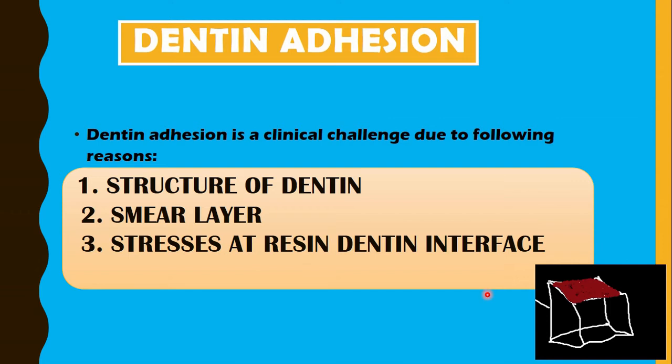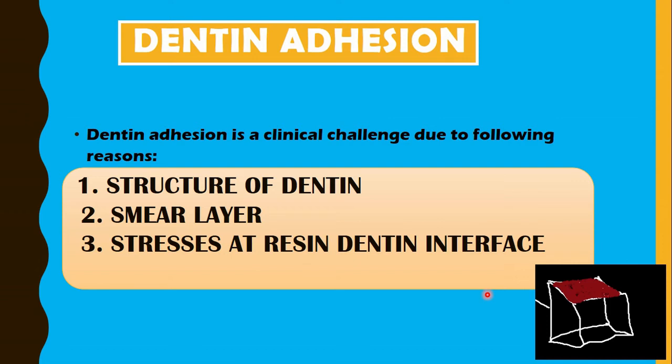Alright, and the third thing, here we have the stresses at the resin-dentin interface. The composite is bonded to only one surface. So if it is bonded to only one surface, then the stress is relieved by all of the unbonded surfaces.